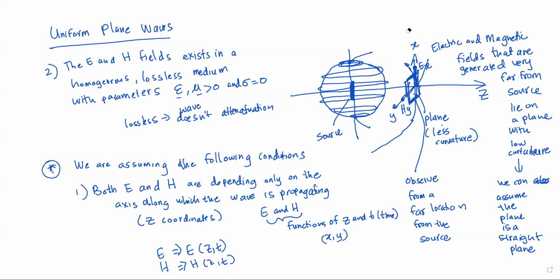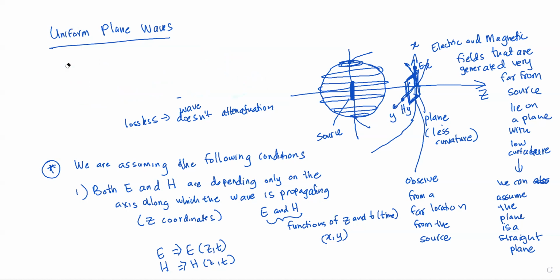So based on this and the wave equation that we derived earlier, we can derive some conclusions about the uniform plane waves, right? So by applying the assumptions that we have regarding the uniform plane waves and the wave equation we have, we can derive some equations.